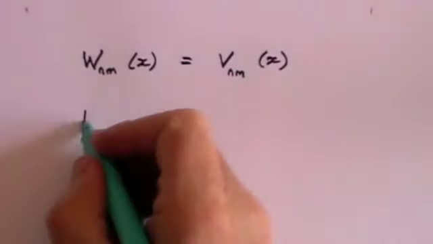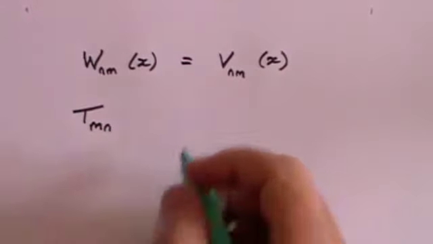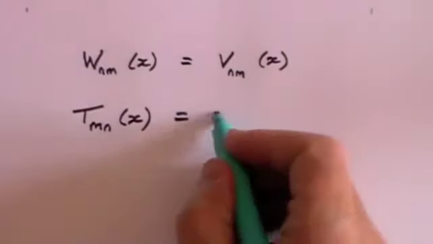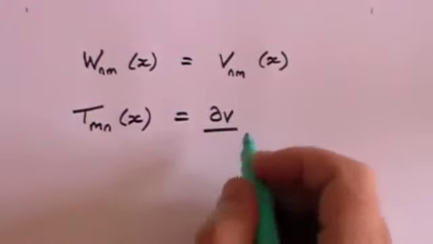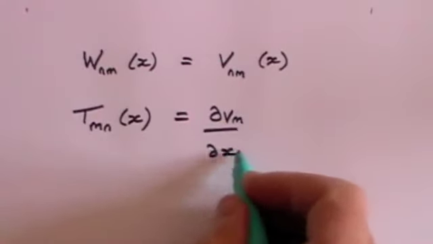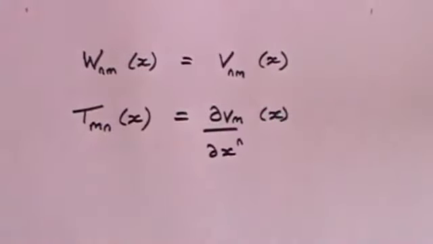So let's take a tensor in the x frame of reference, which we'll call Tmn, in the x frame of reference. And let's say that that equals the derivative of a vector v with respect to n in the x frame of reference.